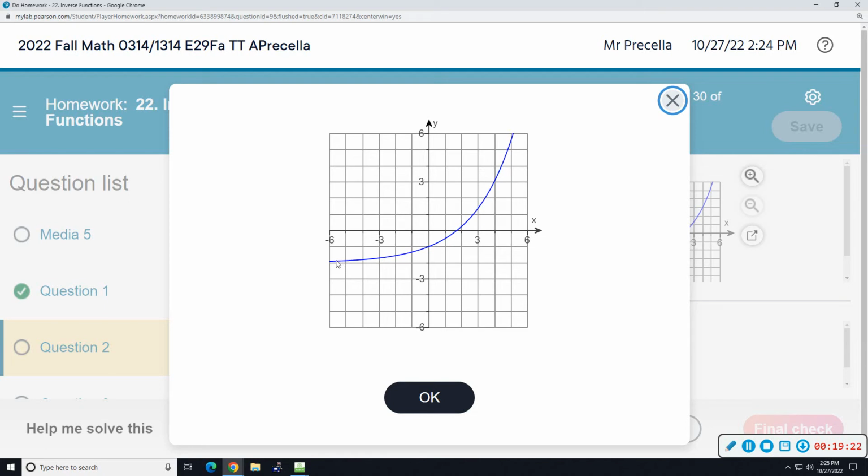Now, right here you might think, wait a minute, it looks like it's about to turn around. If it actually turned around, it wouldn't be 1-to-1, but it doesn't show it turning around. It's just going to keep on decreasing very slowly. Don't make the assumption it's going to turn around.